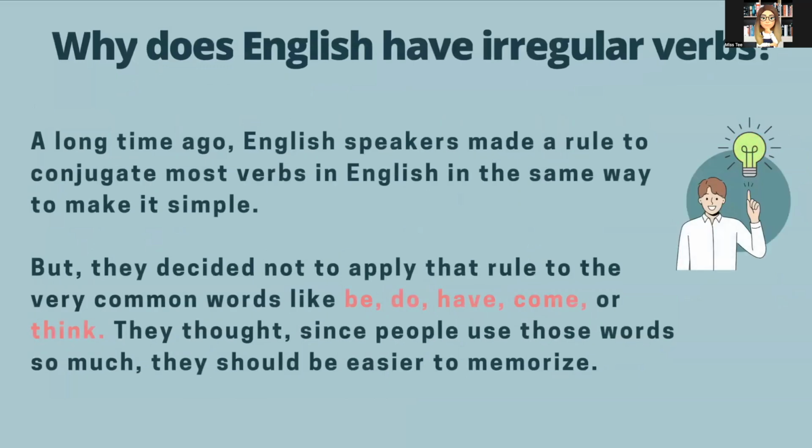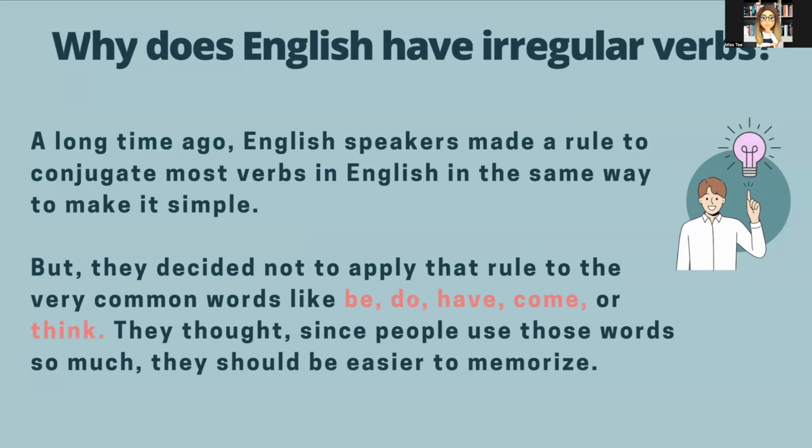So a long time ago, English speakers made a rule to conjugate most verbs in English in the same way to make it simple. That's why we have the rule to add D or ED on most regular verbs. So they thought, okay, we're going to make this easy. And this is when we started to standardize English. However, we decided, or they decided, not to apply that rule to the very common words.